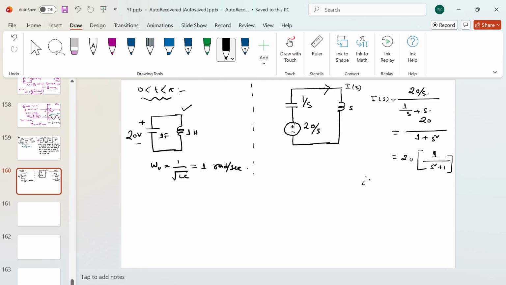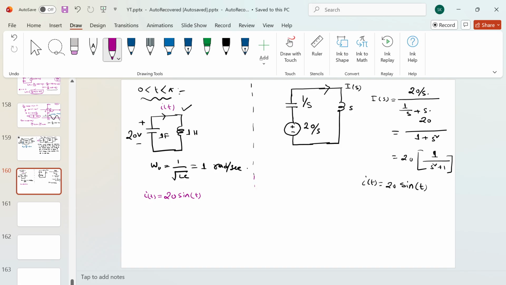If you take the inverse Laplace, you will get 20 sine t. So now I know the current flowing in the inductor, that is I of t, is simply 20 sine of t.